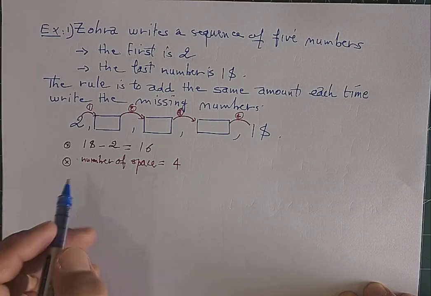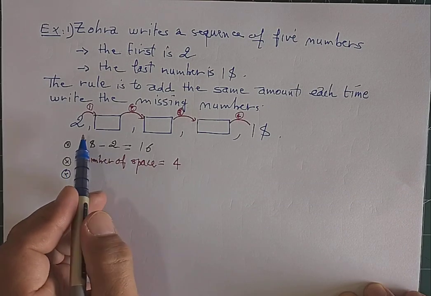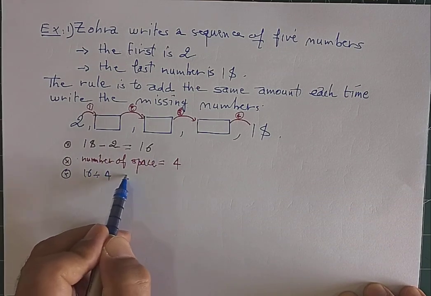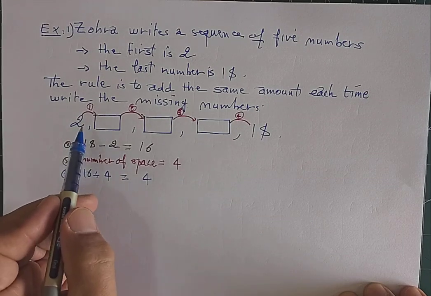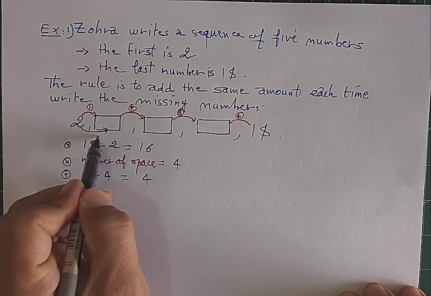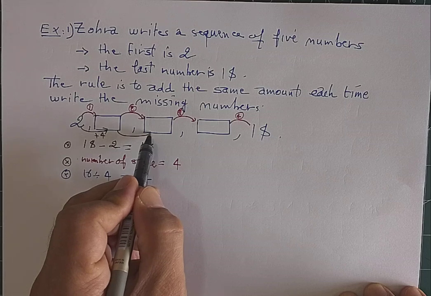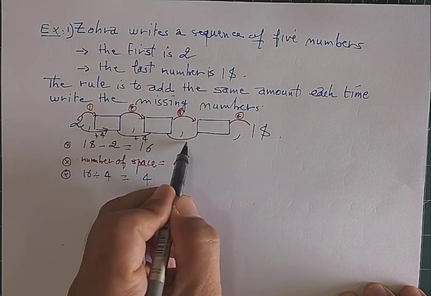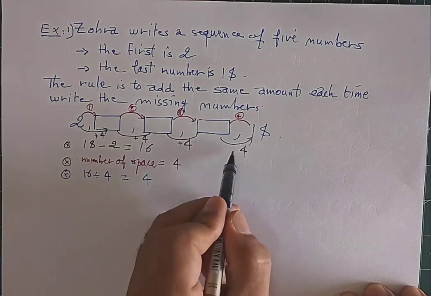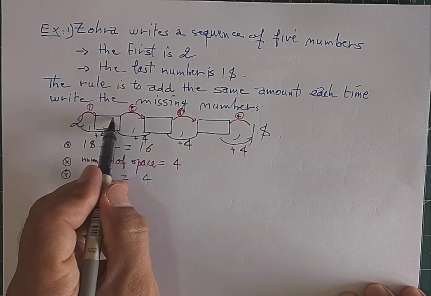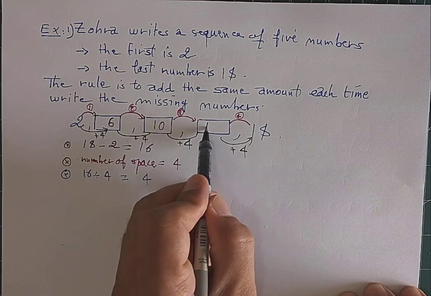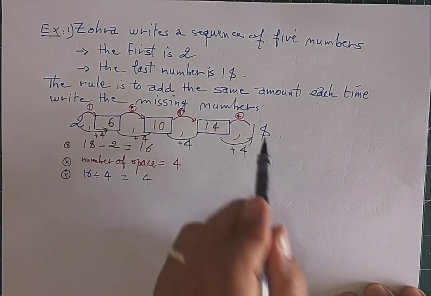For the next step, I divide 16 by 4, which equals 4. So we add 4 each time. 2 plus 4 is 6, 6 plus 4 is 10, 10 plus 4 is 14, and 14 plus 4 equals 18.